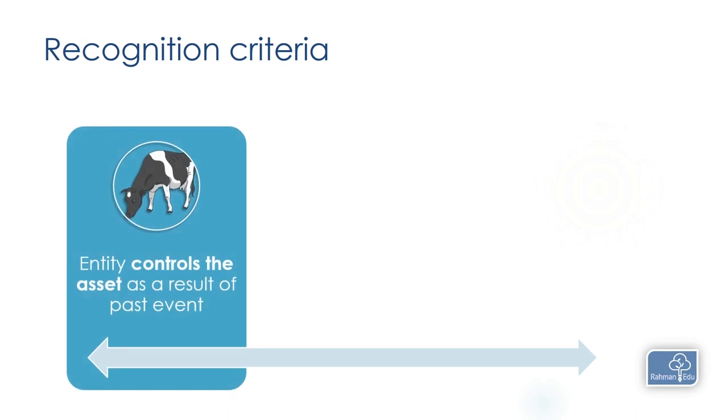Number one condition, the entity controls the asset as a result of past events. Say, you have purchased a cow and so you can now control the cow. The cow has given birth to a baby calf.